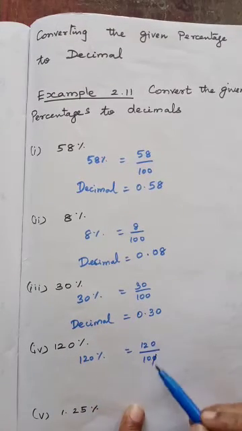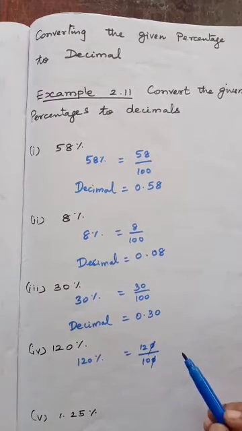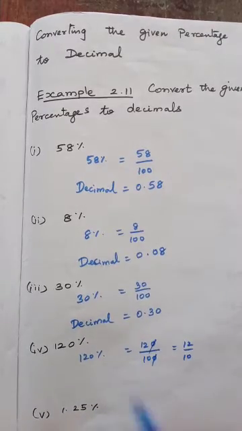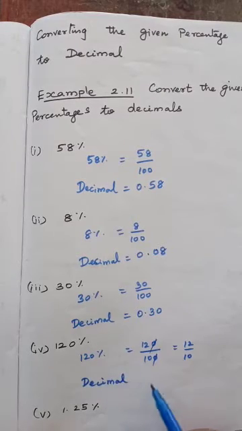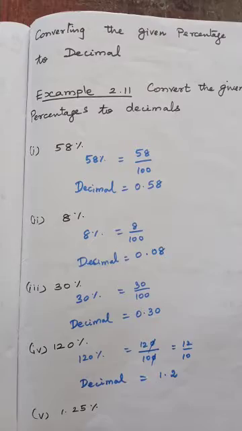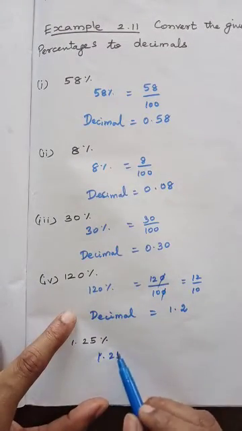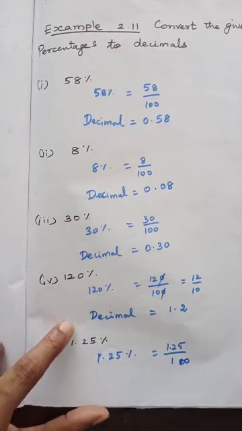Now cancel one 0. Then it will come as 12 by 10. Then the decimal is equal to 1.2.